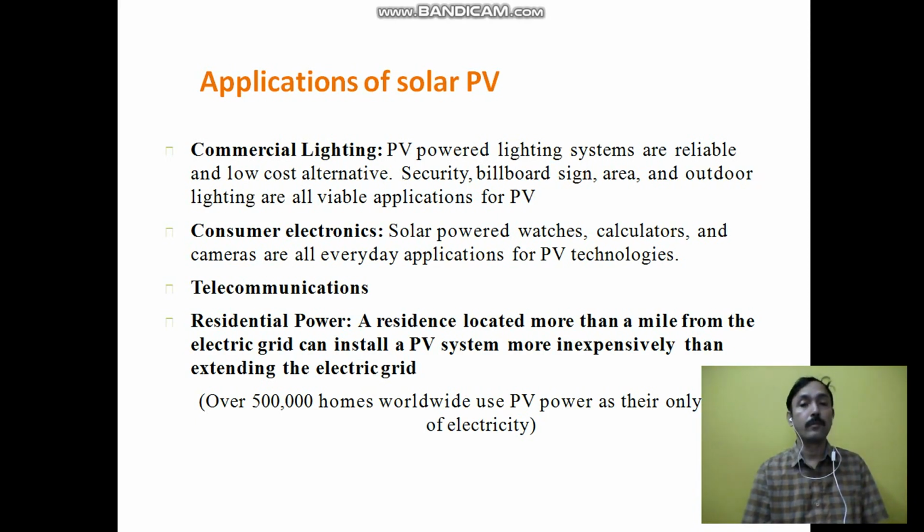Residential power. A residence located more than a mile from the electric grid can install a photovoltaic system more inexpensively than extending the electric grid.